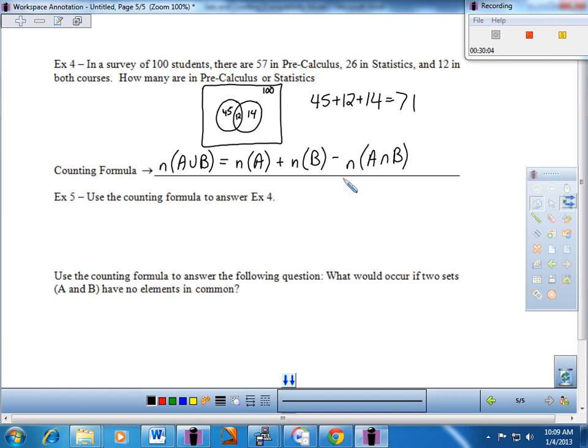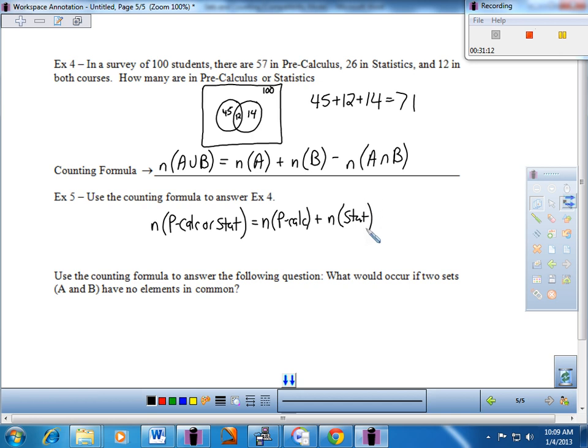So here's what it would look like, everyone. I would be looking for the number in pre-calc or stat, which is the union of the two. And so what we would officially do here is take the number in pre-calc, add it to the number of people in stat, but here is the key, everybody.